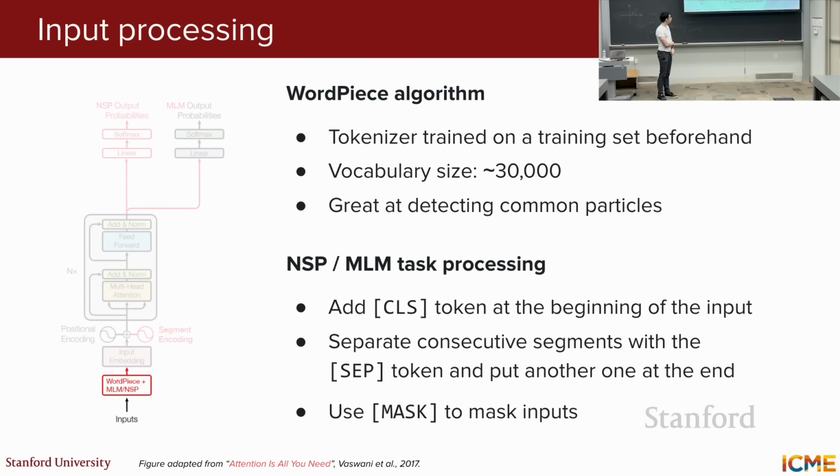So first of all, one interesting note is that it uses a specific tokenizer called WordPiece. You can see it as a tokenizer that learns on your training set based on merge rules that maximize the likelihood. So basically you have some huge training set and you train a tokenizer that merges atomic tokens together to build your target vocabulary. And there's some order of magnitude.